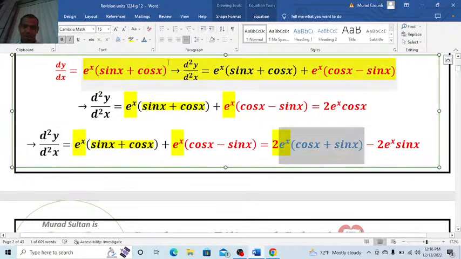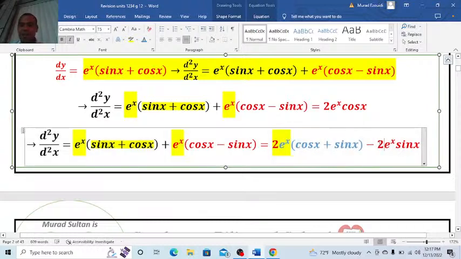This one is dy with respect to x, which is exponential of x sine of x plus cosine of x, or exponential of x cosine x plus sine x. No difference if you convert sine to cosine here. Means this is 2 times the first derivative.